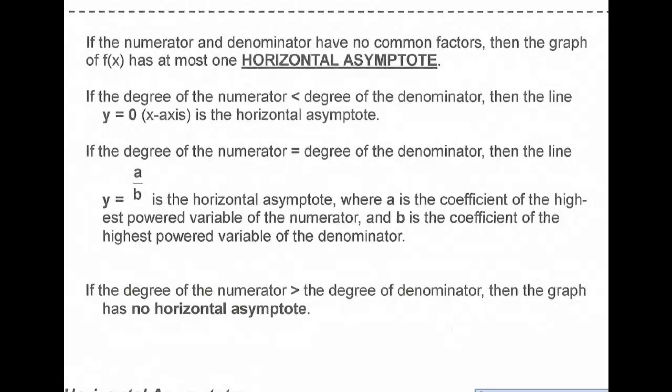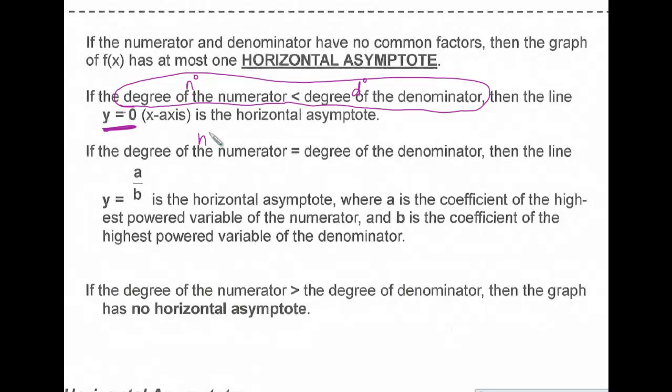If the numerator and denominator have no common factors, then the graph of f(x) has at most one horizontal asymptote. If the degree of the numerator is less than the degree of the denominator, then the line y = 0 is the horizontal asymptote.